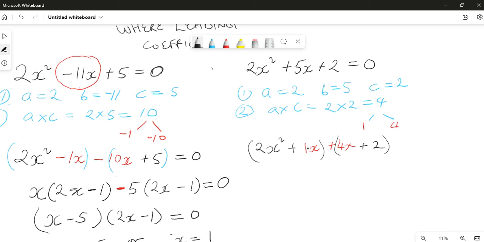Right, now we can separate them and we factorize. 2x squared plus 1x, our common factor is x. 2x squared divided by x gives us 2x. 1x divided by x gives us 1.